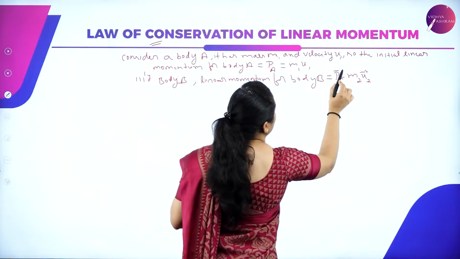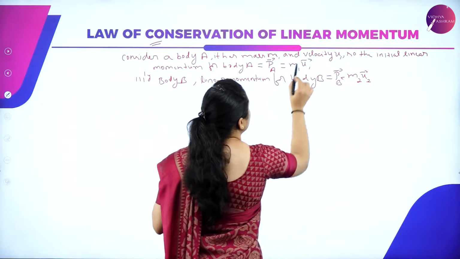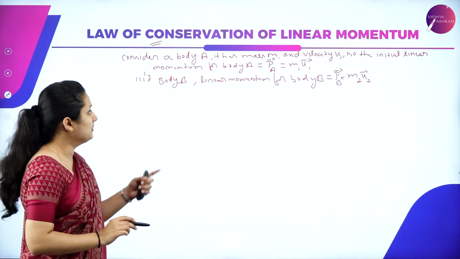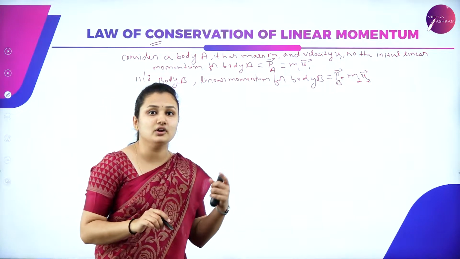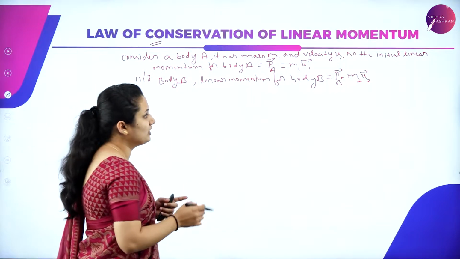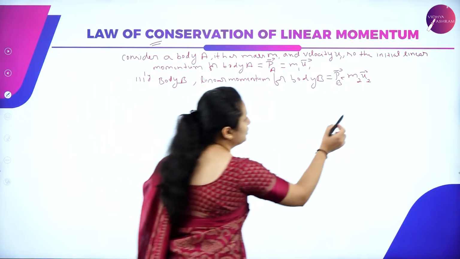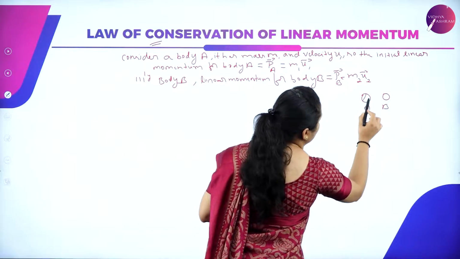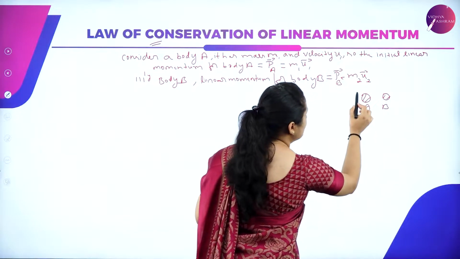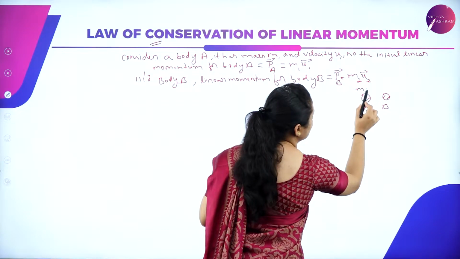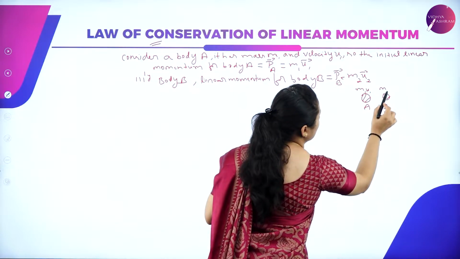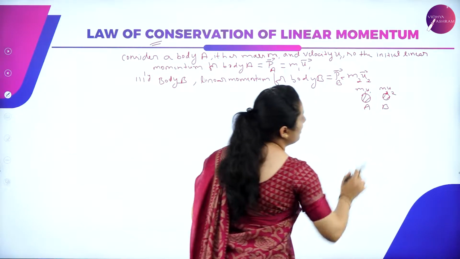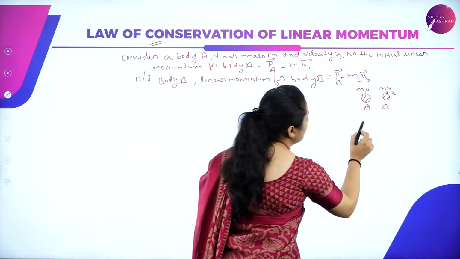Momentum and velocity are vector quantities. Similarly, this is before collision. After collision, say you have two bodies, A and B. Initially, the mass and velocity of A is m1, u1, and of B is m2, u2. This is before collision.